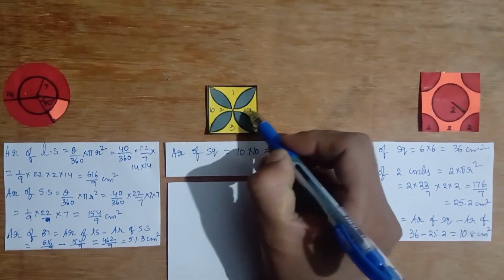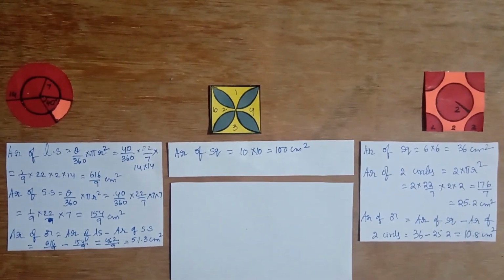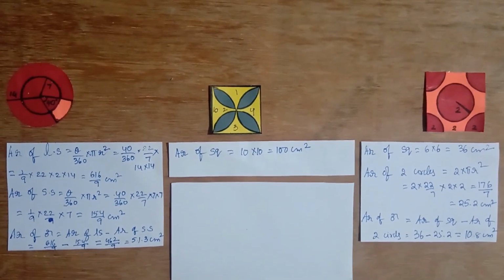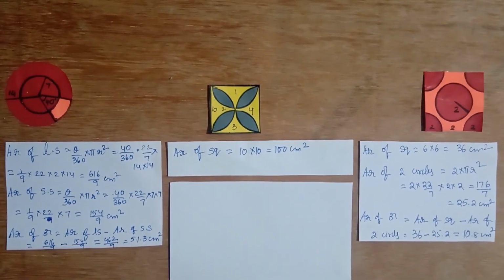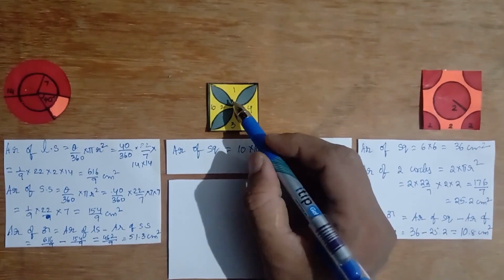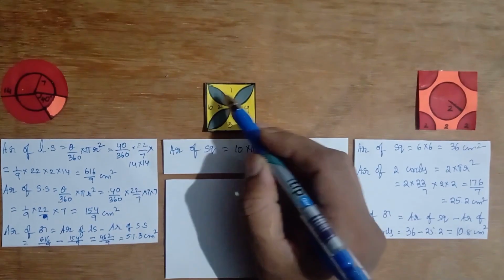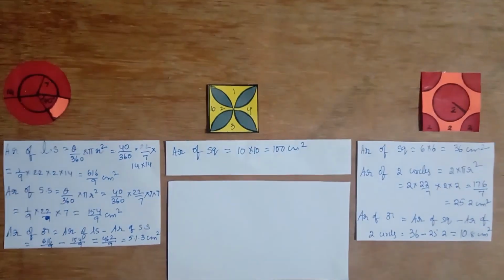a semicircle. If we subtract area of two semicircles from area of square, we get area of 1 and 3 yellow regions.